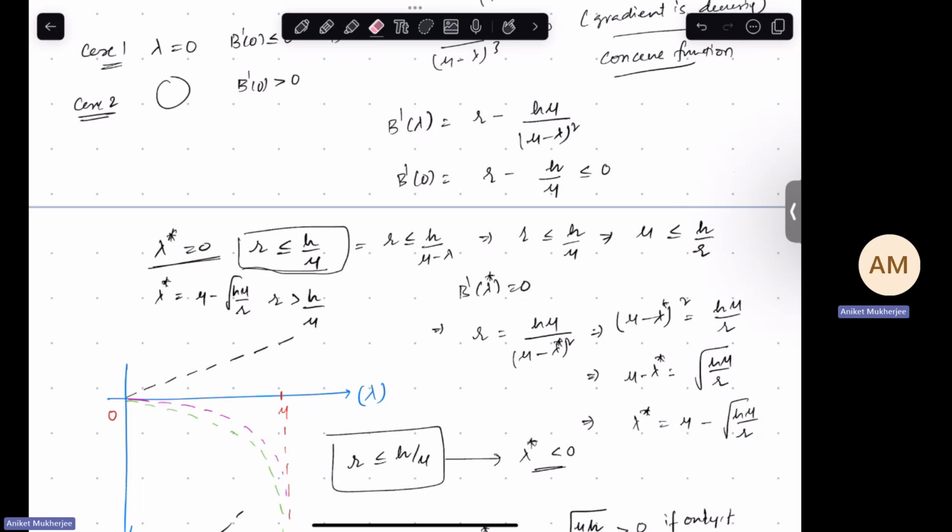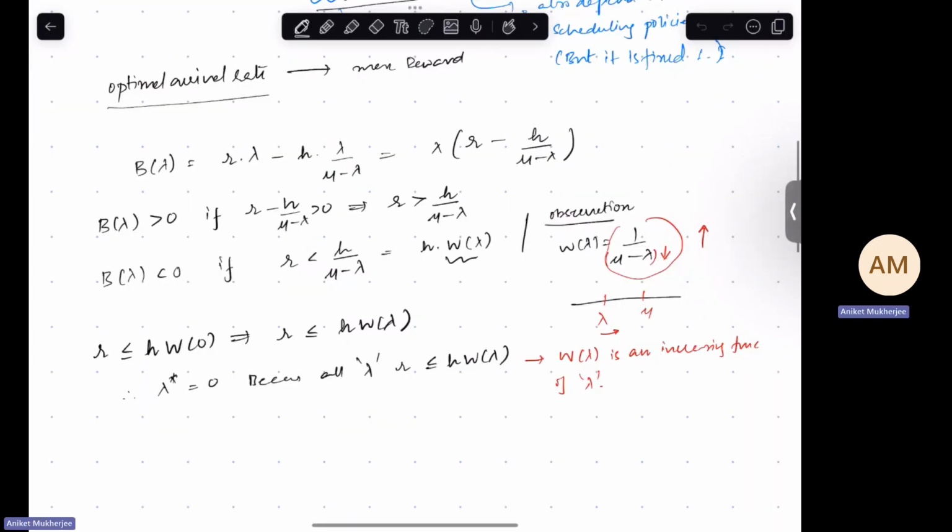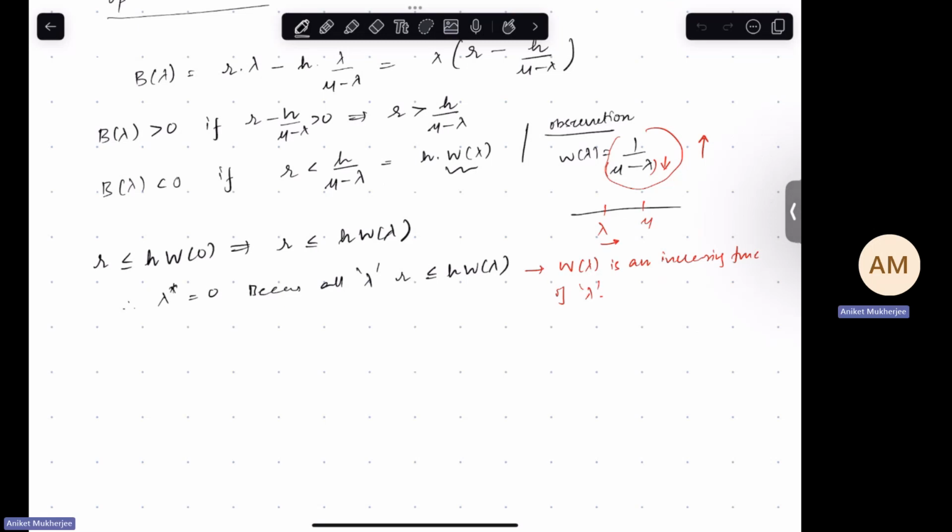So H by mu is less than or equal to H by (mu minus lambda). Okay.